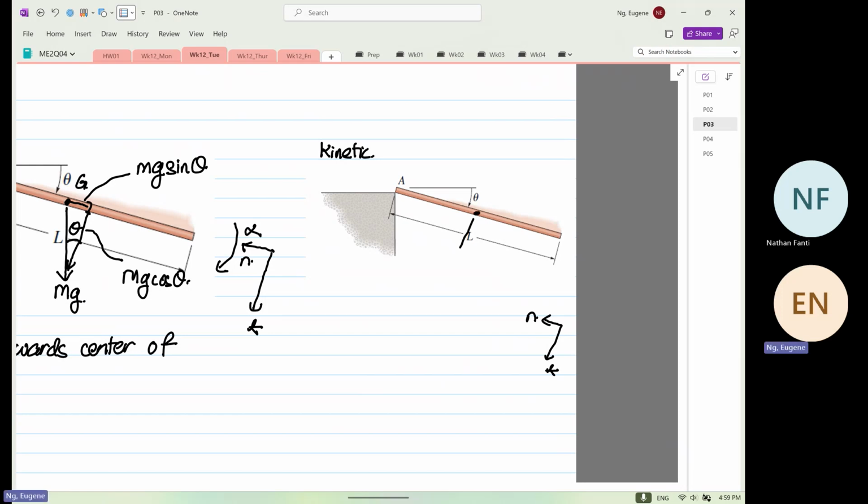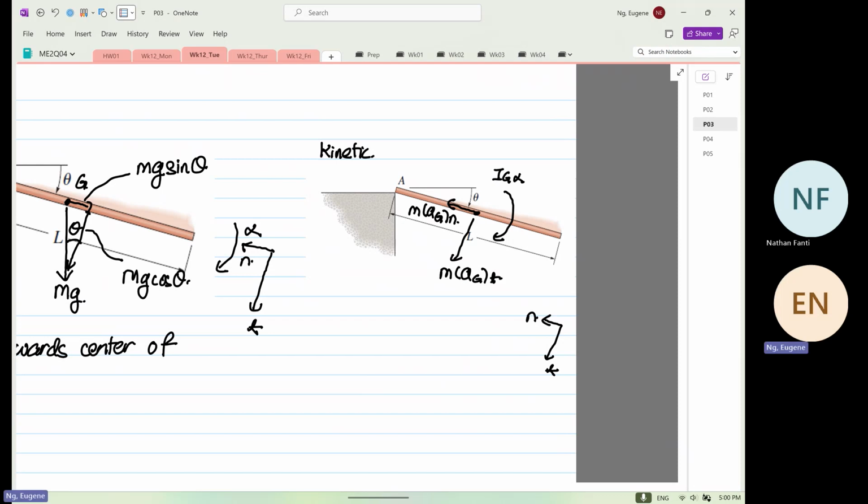Over here is our m a_G T, and pointing towards the center of rotation is m a_G N. And this thing has a rotation, which is I_G alpha.